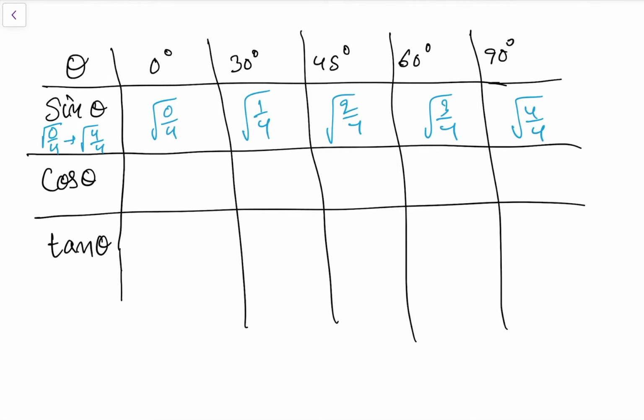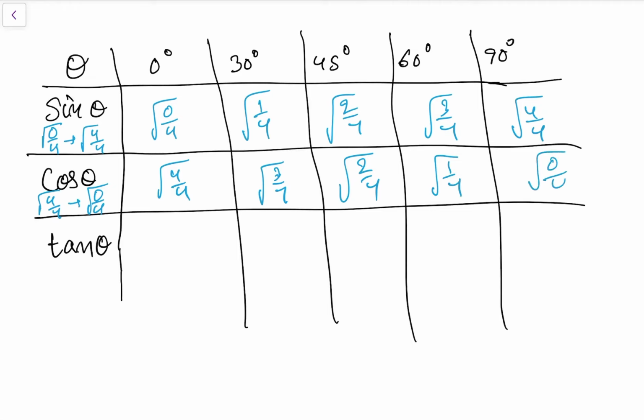And for cos theta, since we know the sin theta, we can easily find out the value for cos theta. We already discussed cos theta value is decreasing from square root 4 by 4 to square root 0 by 4. So we can write square root 4 by 4, square root 3 by 4, square root 2 by 4, square root 1 by 4, and square root 0 by 4.